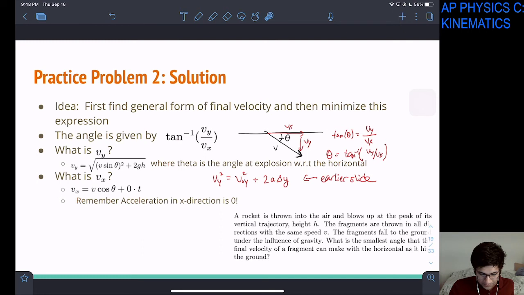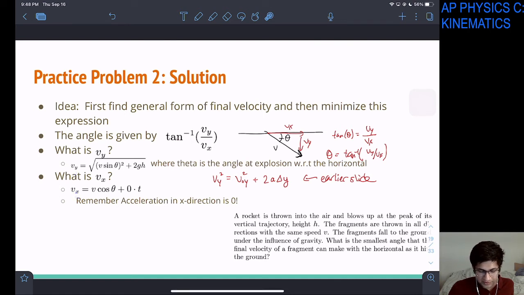And next part, what is Vx? Well, our Vx is just going to be V0x, which is V cosine theta, plus at, our acceleration, which is 0, because there's no acceleration in the x direction. So we have an expression for Vy, we have an expression for Vx.